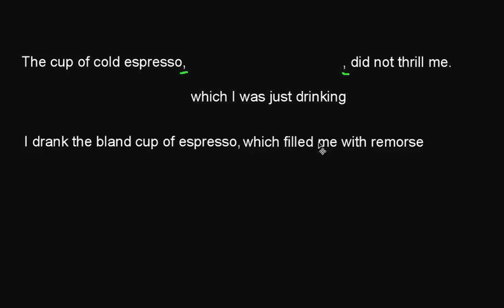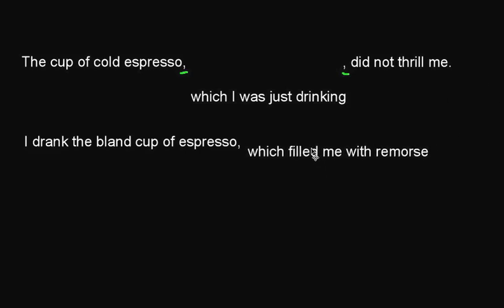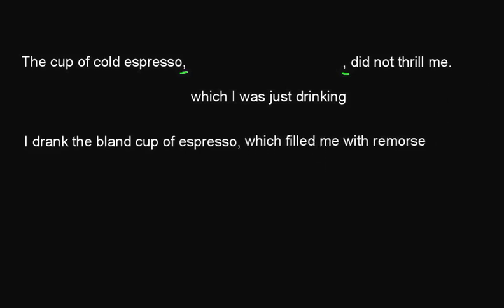So, which filled me with remorse is additional information that is non-essential, which is why it is set off by the comma. It's still an adjective clause, right? Because if I bring it back up here and draw a line to it, which filled me with remorse is telling me which espresso. Which espresso filled you with remorse? The bland one, right? The cold cup of espresso.